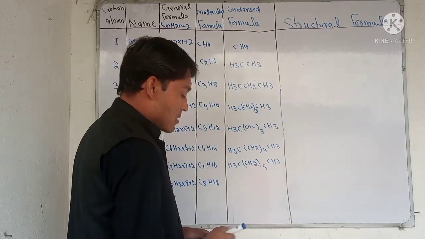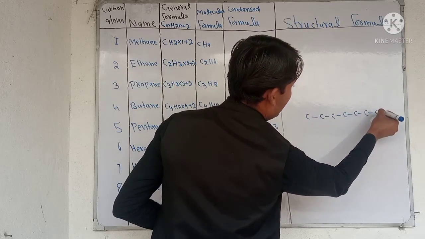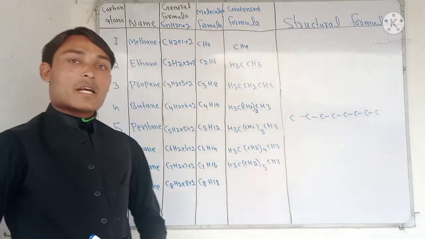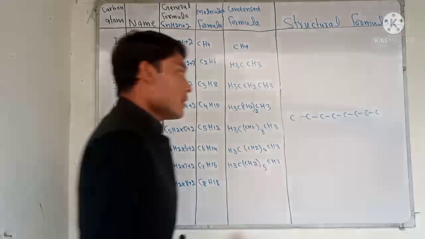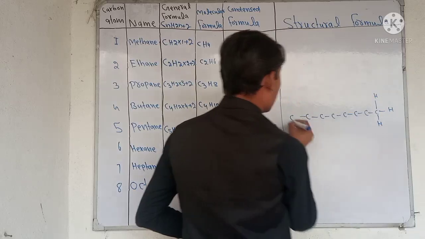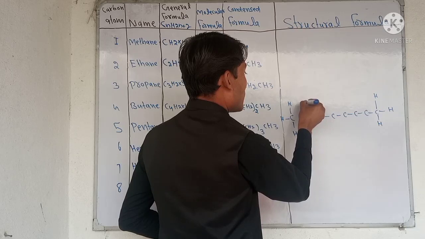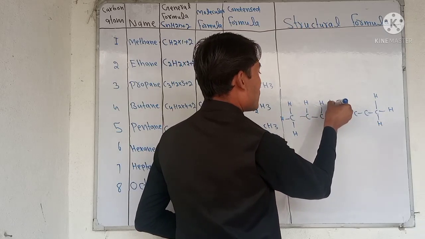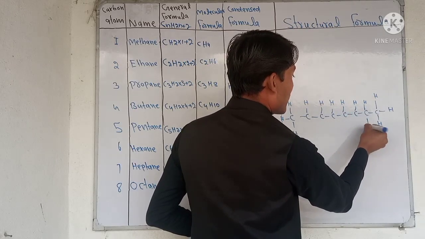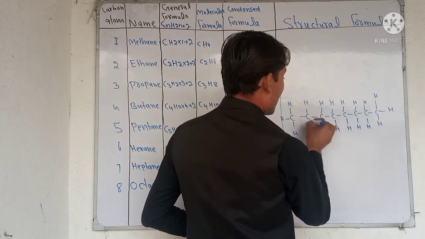Let's see how many carbons are required: 8. 1 2 3 4 5 6 7 8. In each terminal carbon you have to attach 3 hydrogens, so let's draw the hydrogens on each carbon.